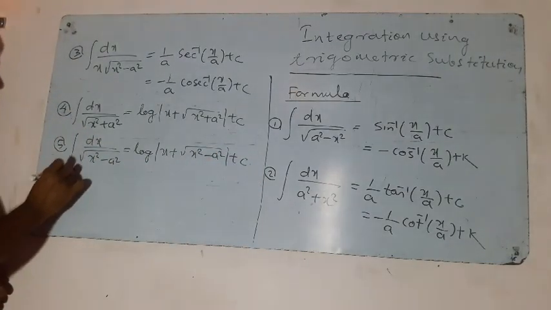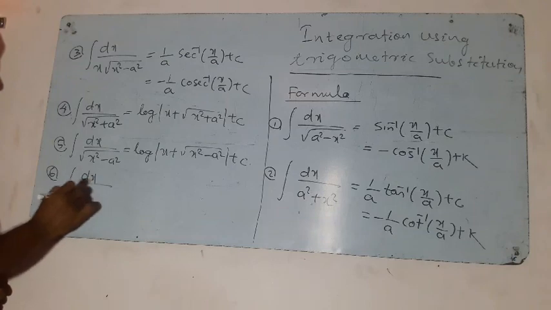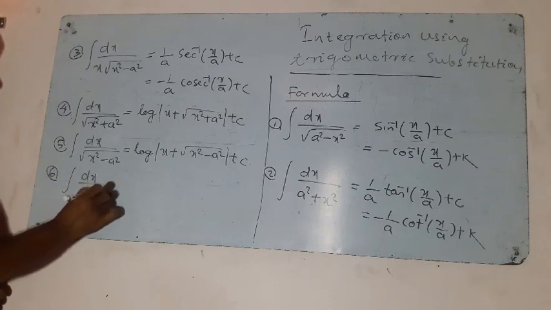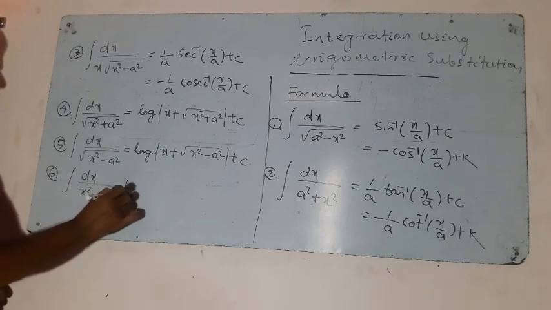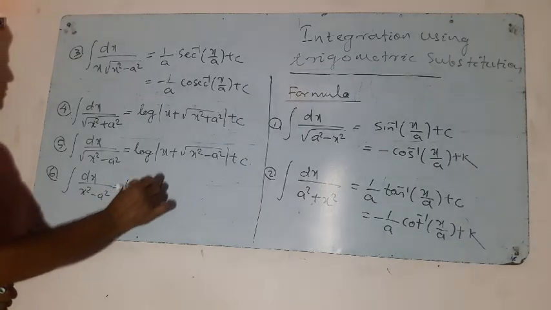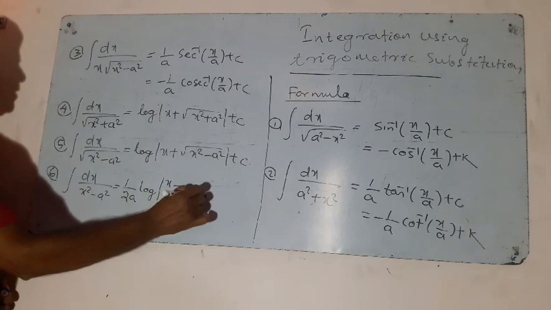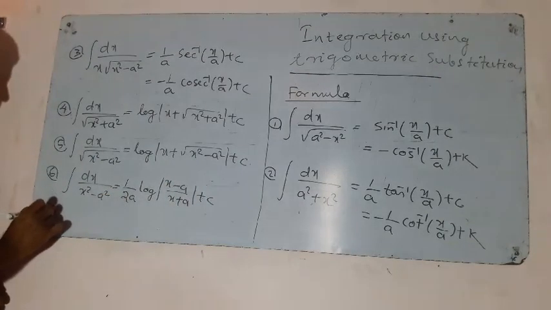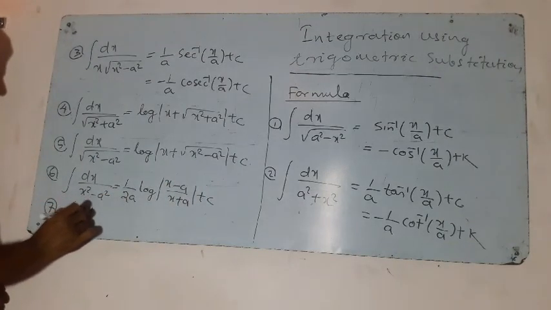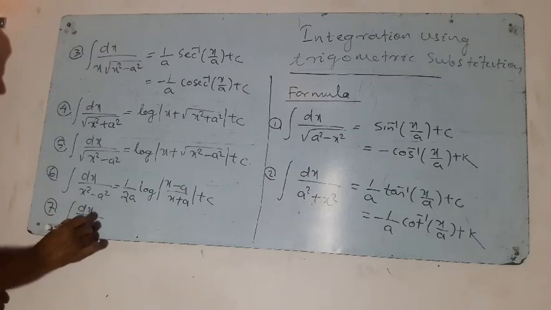Next bit is dx by x square minus a square. It is 1 by 2a log of x minus a by x plus a plus c. And next is dx by a square minus x square.